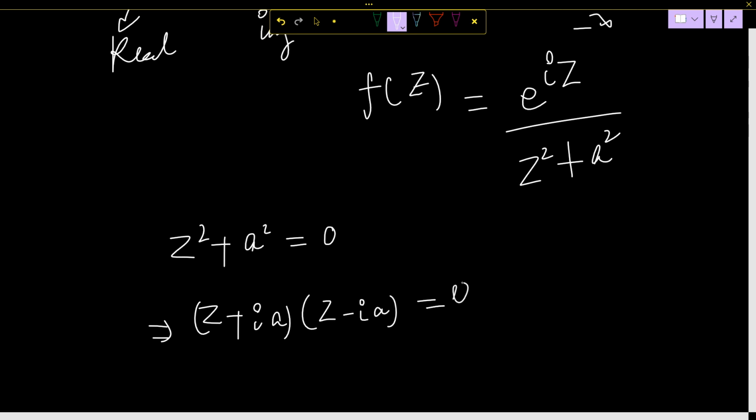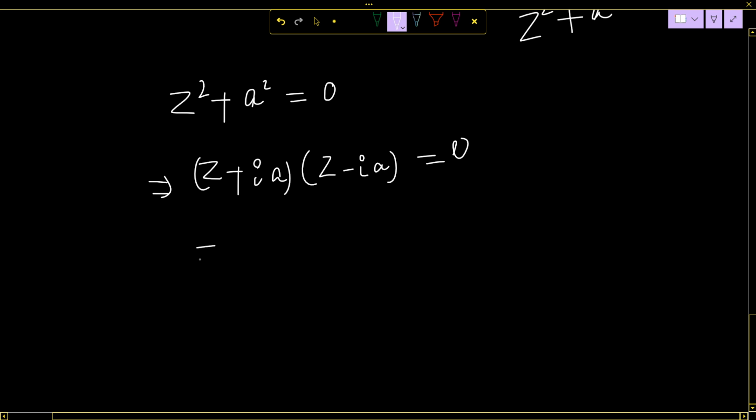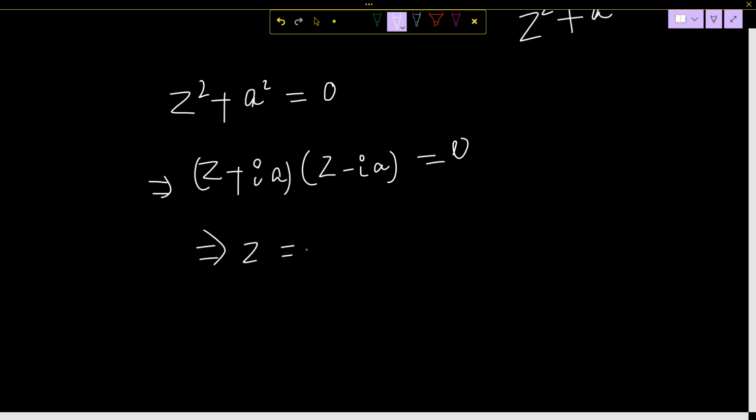So from here I can say that z is equal to minus ia and z is equal to plus ia. Okay, so these are the two poles.